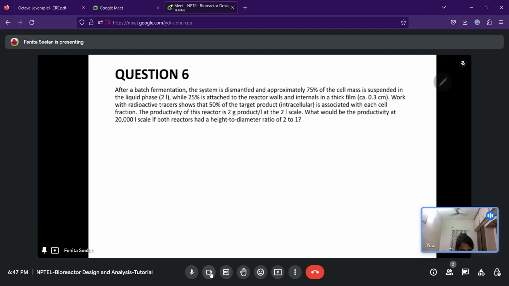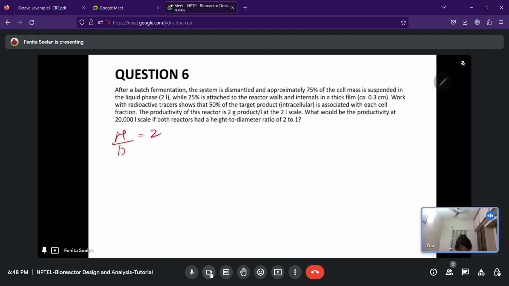The work with radioactive tracers shows that 50% of the target product, which is intracellular, is associated with the cell fraction, and the productivity of the reactor is 2 gram of your product per liter at the 2 liter scale. So what would be the productivity at 20,000 liter scale if both the reactors had a height to diameter ratio of 2 to 1, which is your H by D is 2, right?